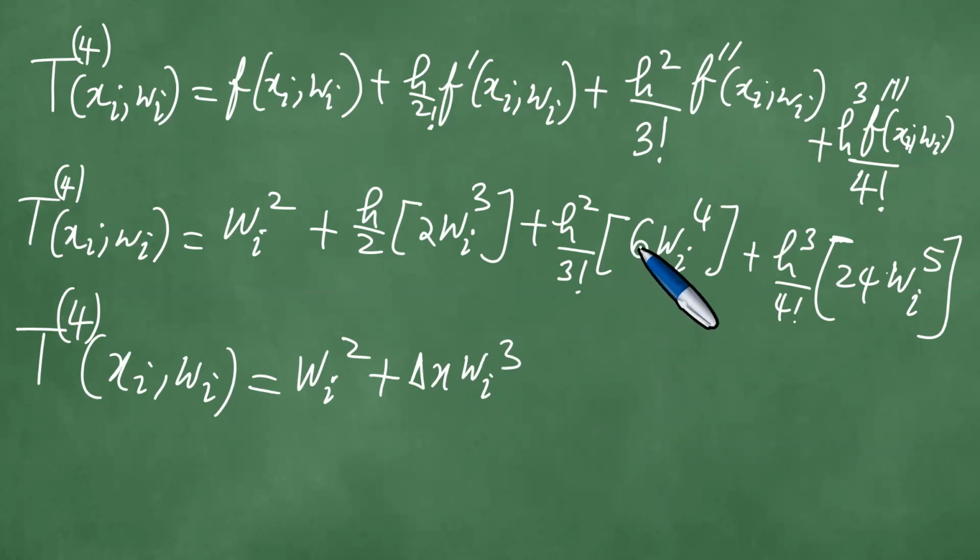Here, this one is 6, it cancels out. Awesome. Delta x is in the question, they put delta x. You square that. This is wi to the 4th power because 3 factorial is 6, so that cancels out. We continue.